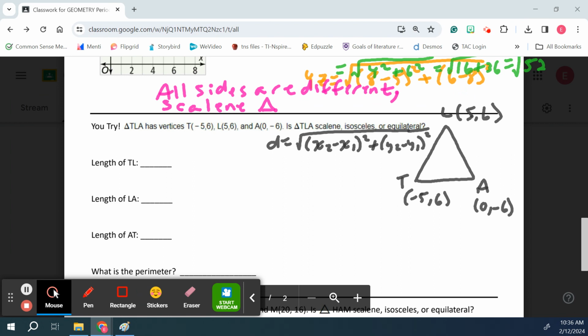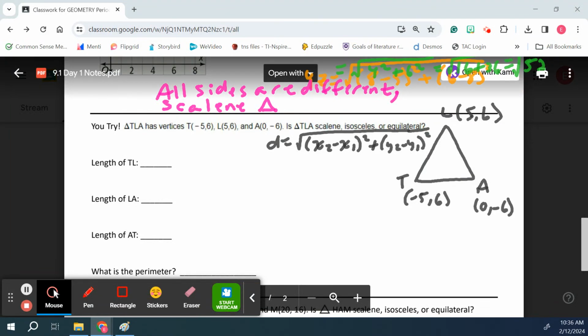Broden, you have TL. Yeah, just write out how you set up the distance formula and then just give us your answer. Okay? You don't have to reinvent the wheel here. I just want to make sure we're setting it up correctly. All right, LA. Layla C. It's okay.